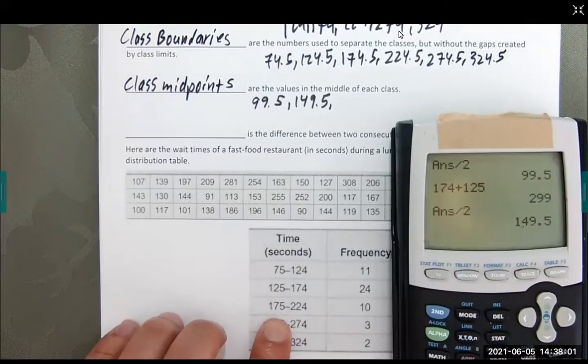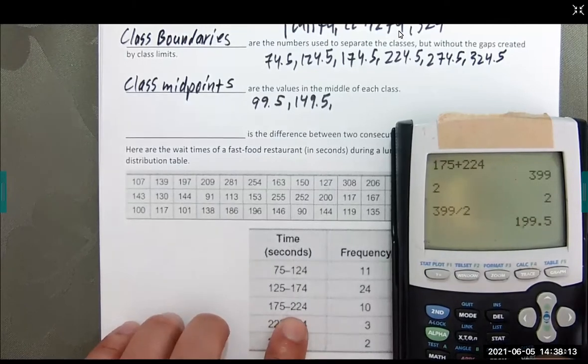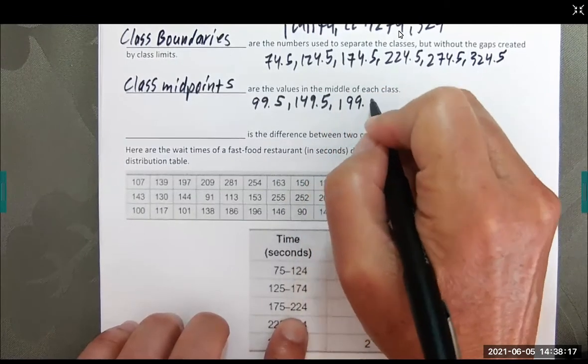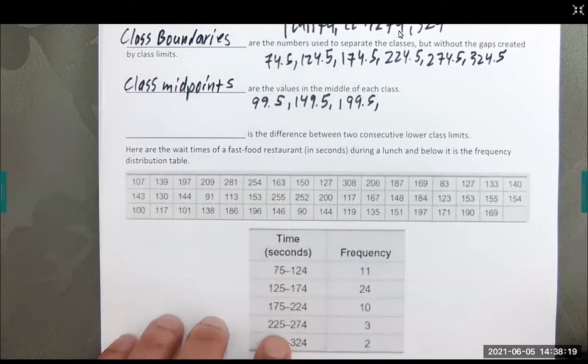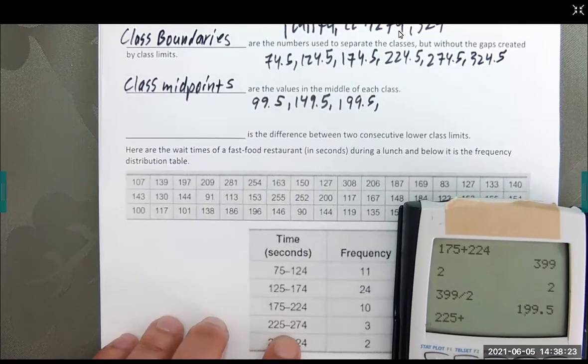Here I have 175 plus 224 divided by 2. The 399 divided by 2 is 199.5. Here I have 225 plus 274 divided by 2.